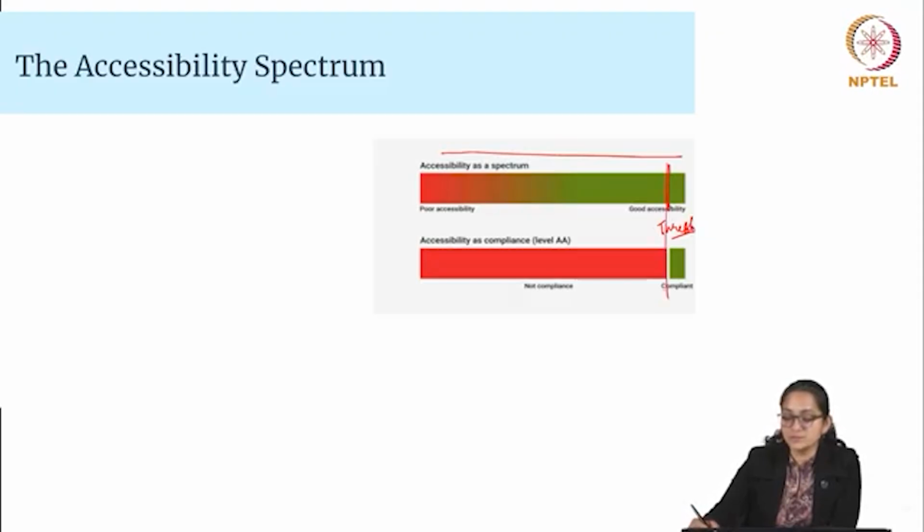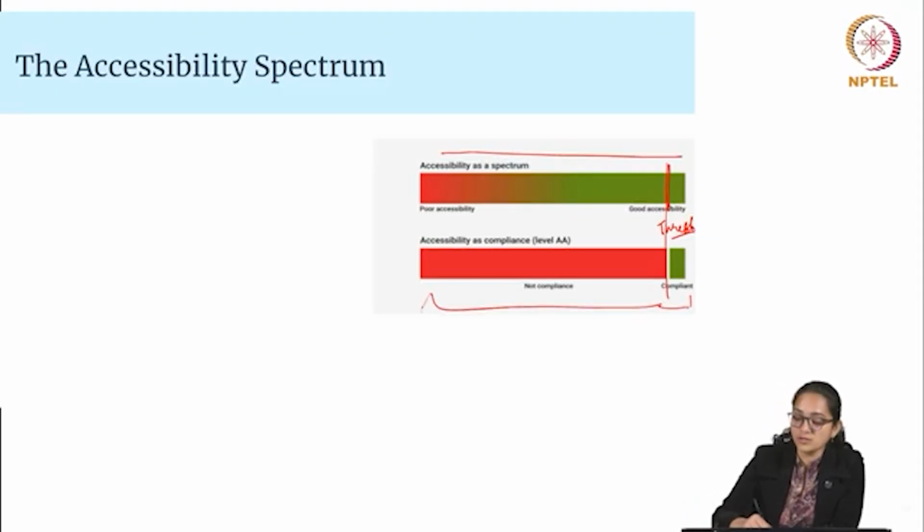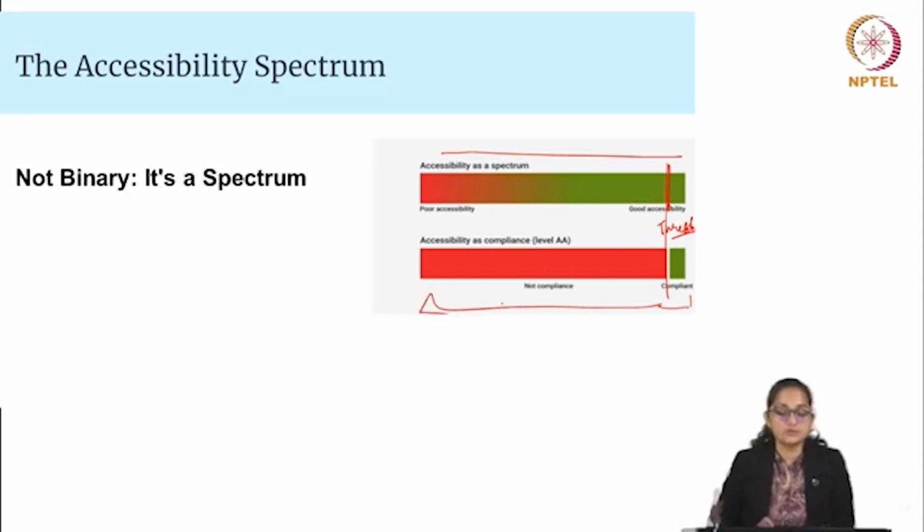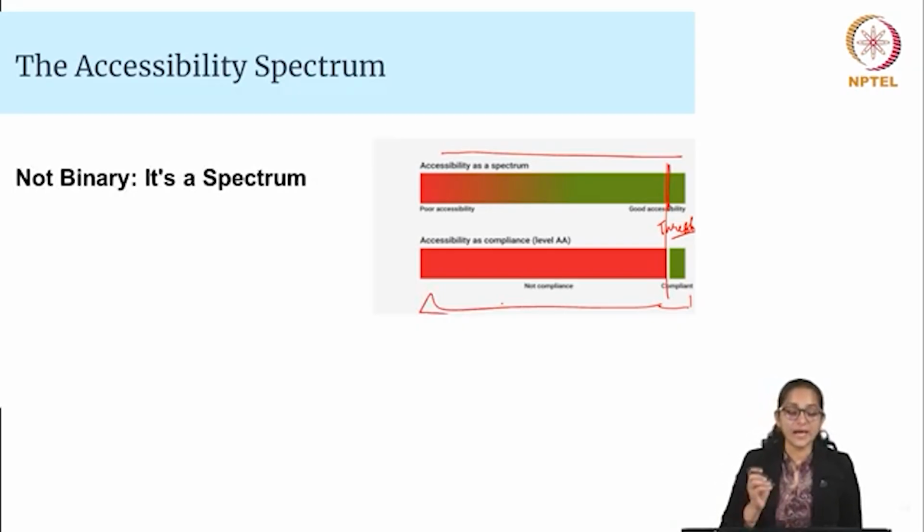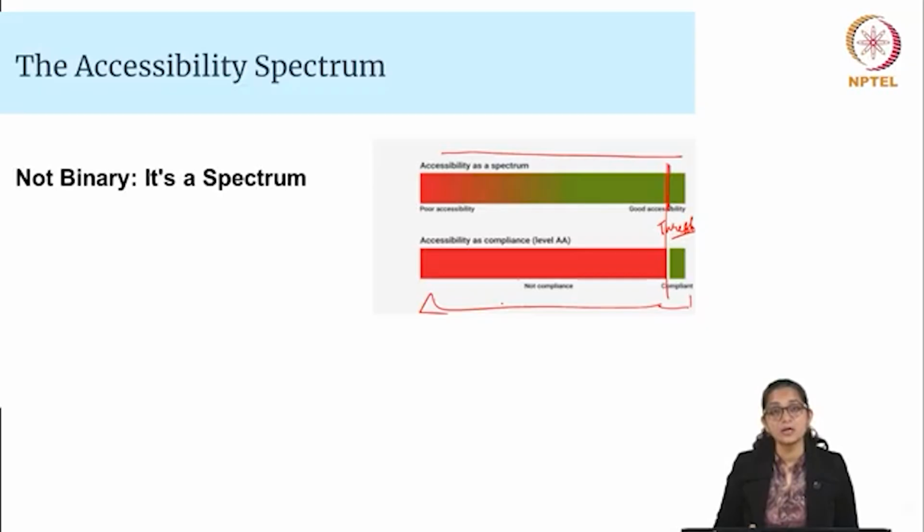That means only this much is compliant, rest all is not compliant. So really what we want to say, since we have been discussing all of these aspects of accessibility over the past few weeks, is that it's not binary, it's on a spectrum.